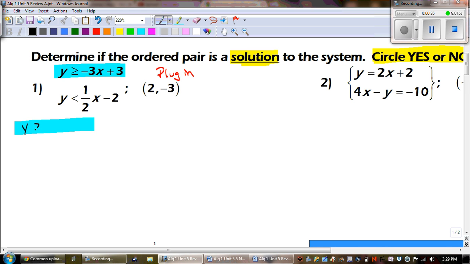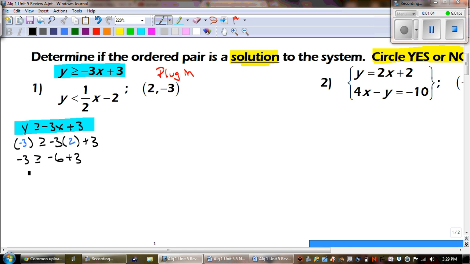So y is greater than or equal to negative 3x plus 3. We're going to go ahead and plug in negative 3 for y and 2. So we have a negative 3 on the left, greater than or equal to negative 3 times 2 is negative 6.